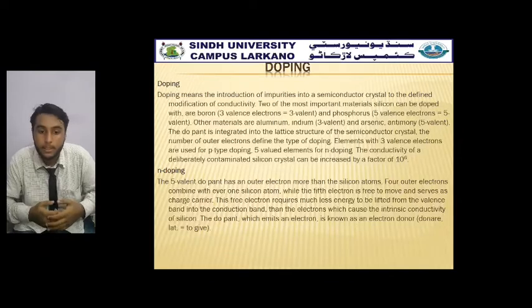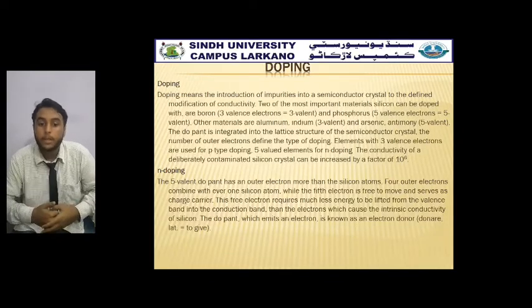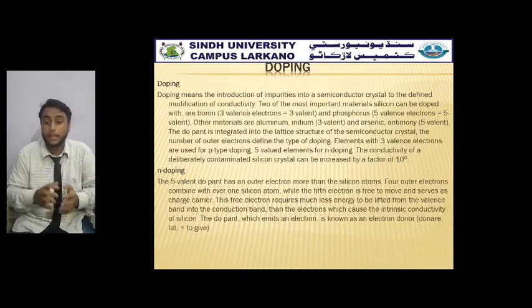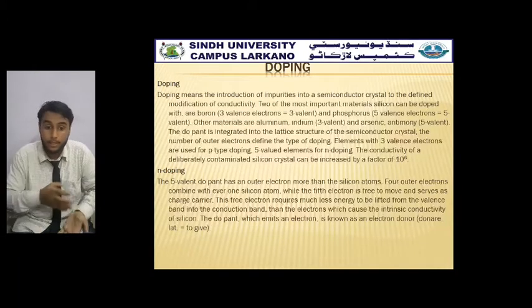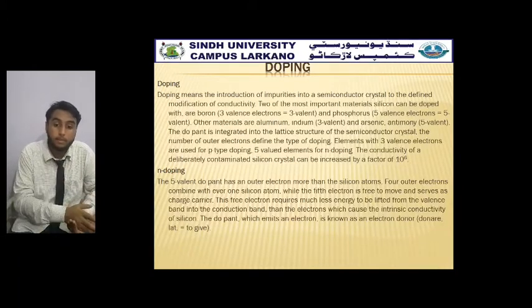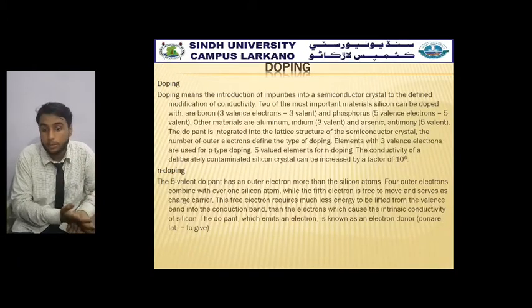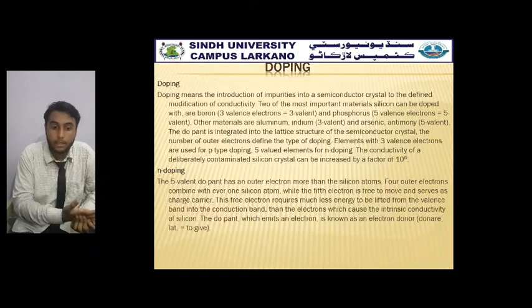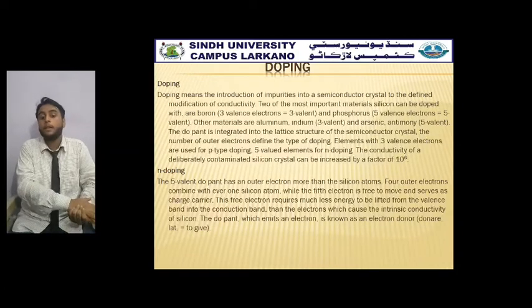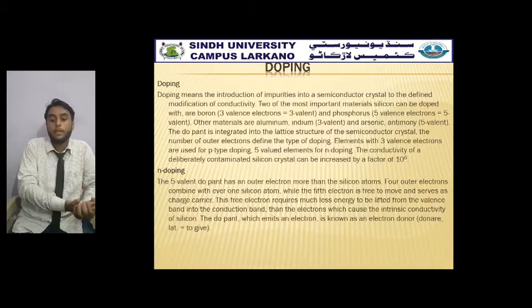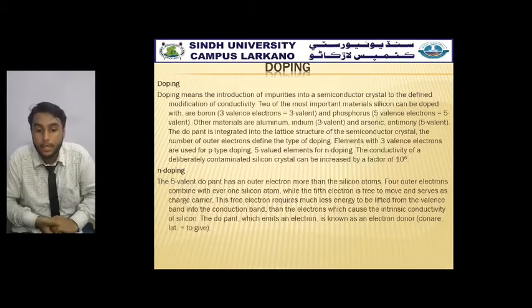These free electrons require less energy to lift from the valence band into the conduction band, which causes the increased conductivity of the silicon. The dopant which emits the electron is known as the electron donor, where donor is equal to give.